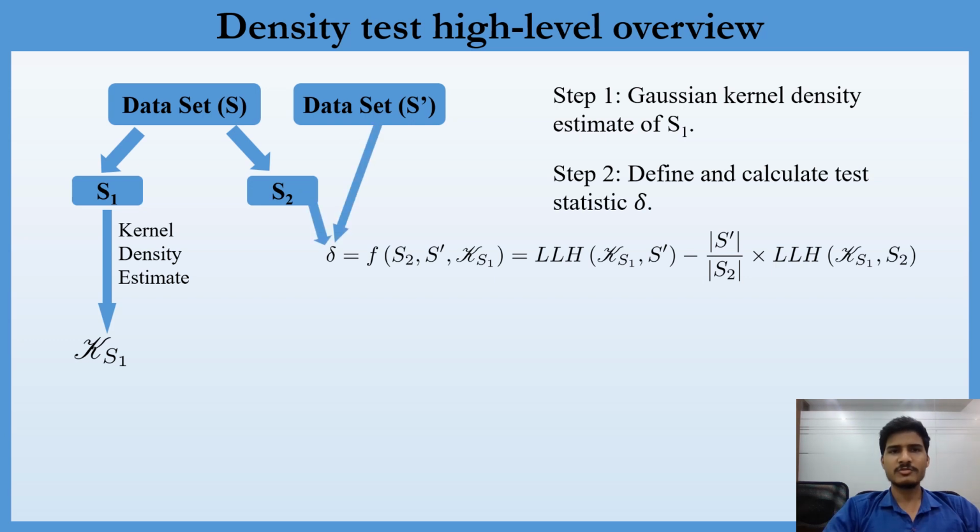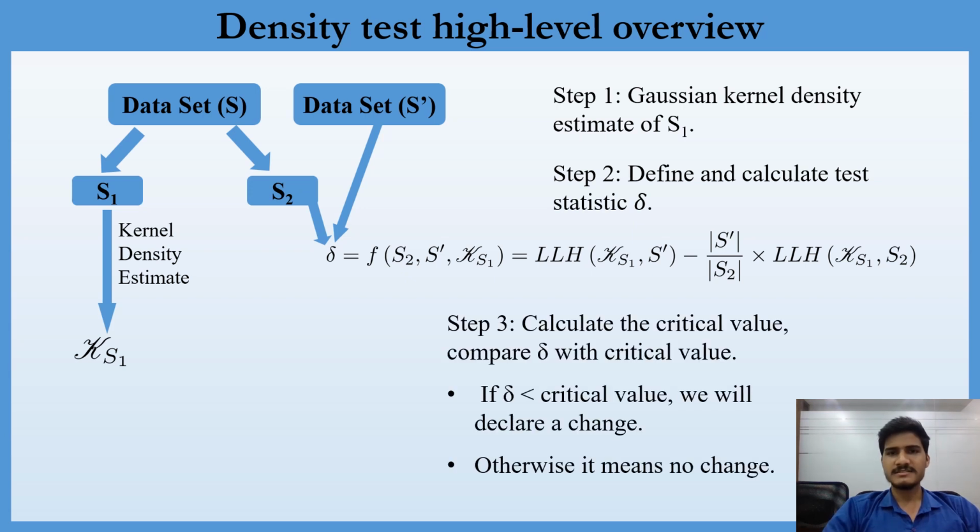Using the newly observed data S dash and our S2 data, we define the test statistic, which is a function of S2 and S dash: the difference between the log likelihood of the data S dash given the parameter for the distribution of S1, and the scaled log likelihood of S2 given the parameter S1. The third step is we calculate the critical value, which we compare with the test statistic value, and finally we make the decision using this critical value.